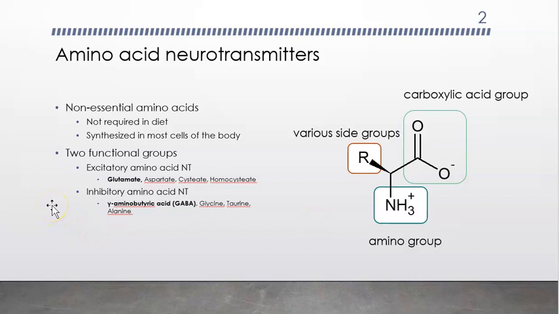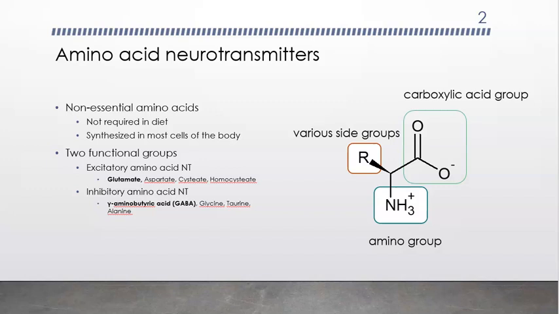Now, our amino acid neurotransmitters can be broken down into two functional groups. The first is excitatory amino acid neurotransmitters. The big one here is glutamate, which is the one we're going to focus on, but it also includes aspartate and some others. Then there are inhibitory amino acid neurotransmitters, where the big one is GABA, but it also includes glycine.